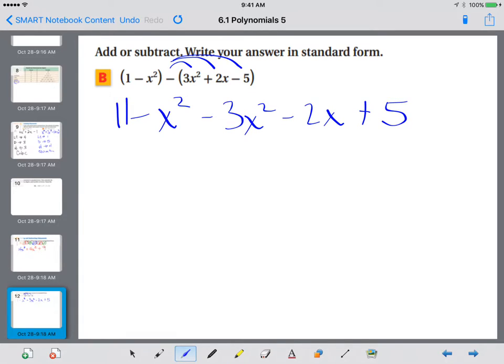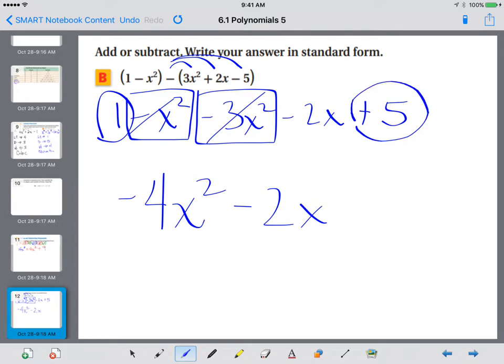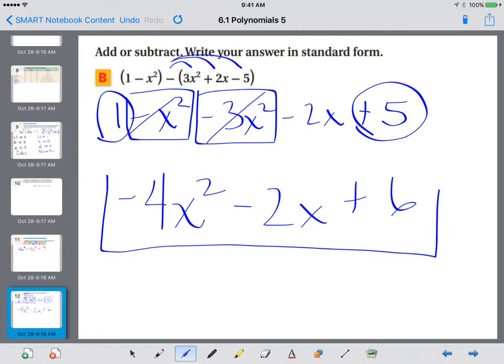Then just go to combining your like terms. So negative x squared minus 3x squared is negative 4x squared. So you're done with those. Then comes minus 2x. Then we have 1 plus 5 gives us a plus 6. So to subtract polynomials, you just have to distribute the negative.